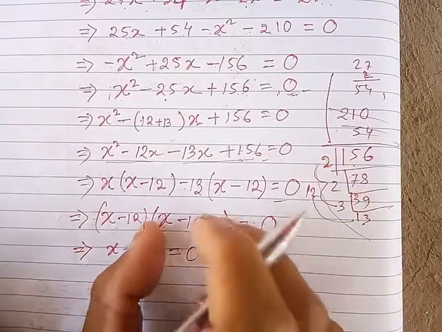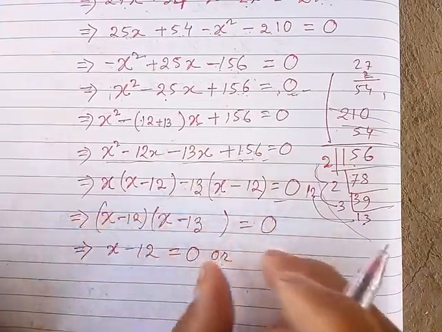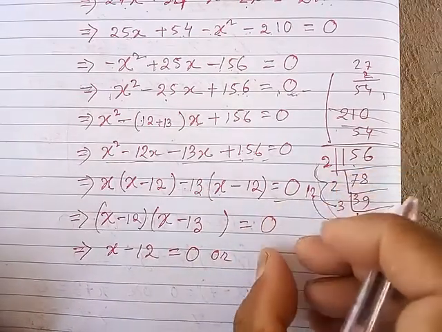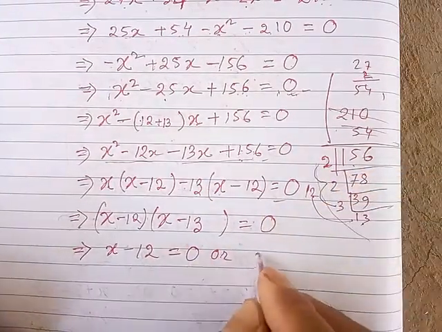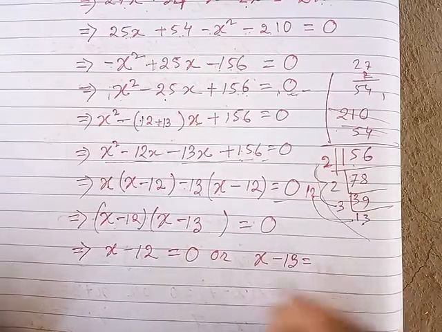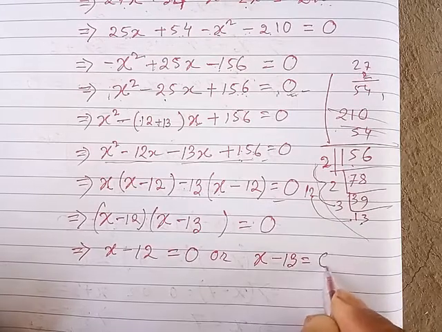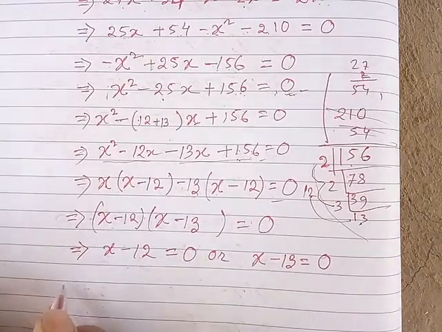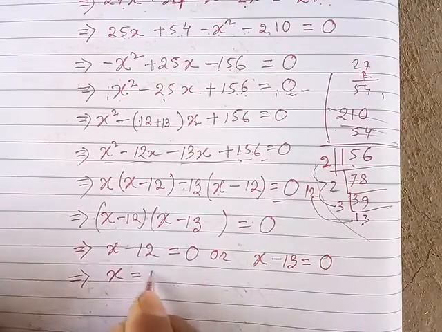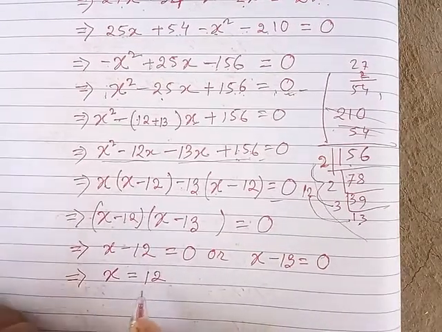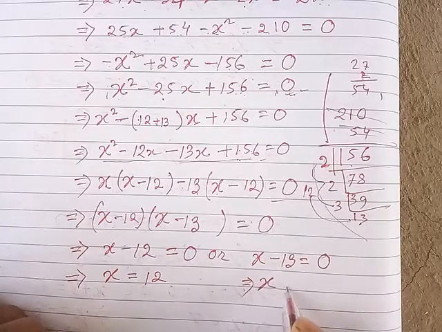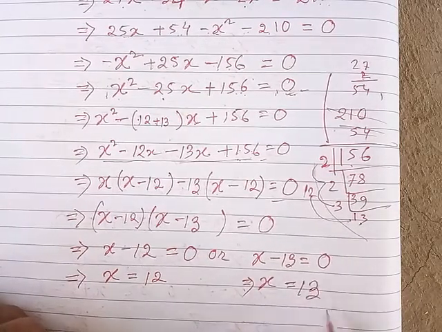Or if you keep this part and this part take outside to the right side, it will divide to the 0, and anything dividing to the 0, it will be 0. So or this one also can be x minus 13, also another possible condition, equal to 0. So from this part, what we can get, x equal to 12, and from here another possible answer is x equal to 13.